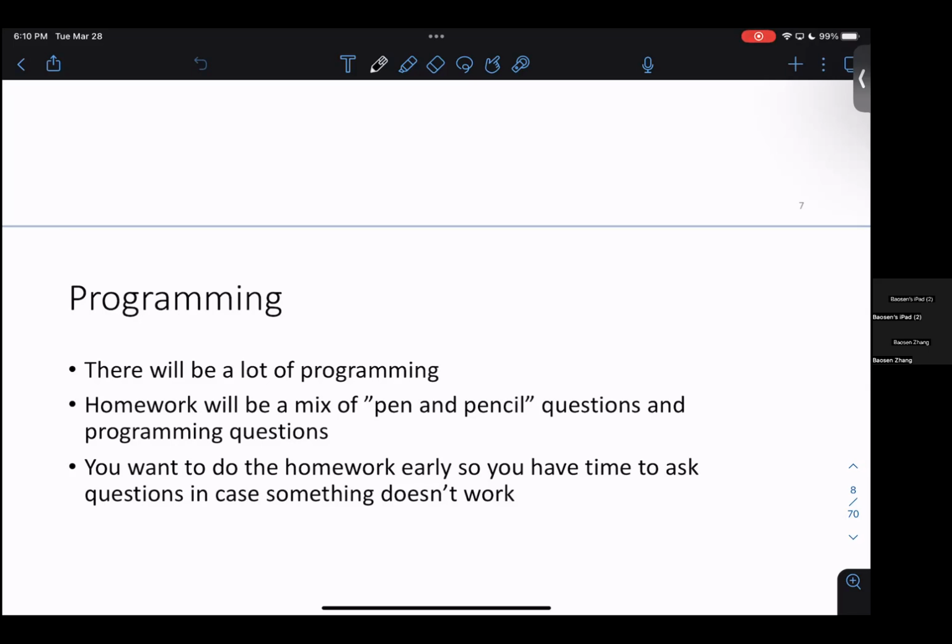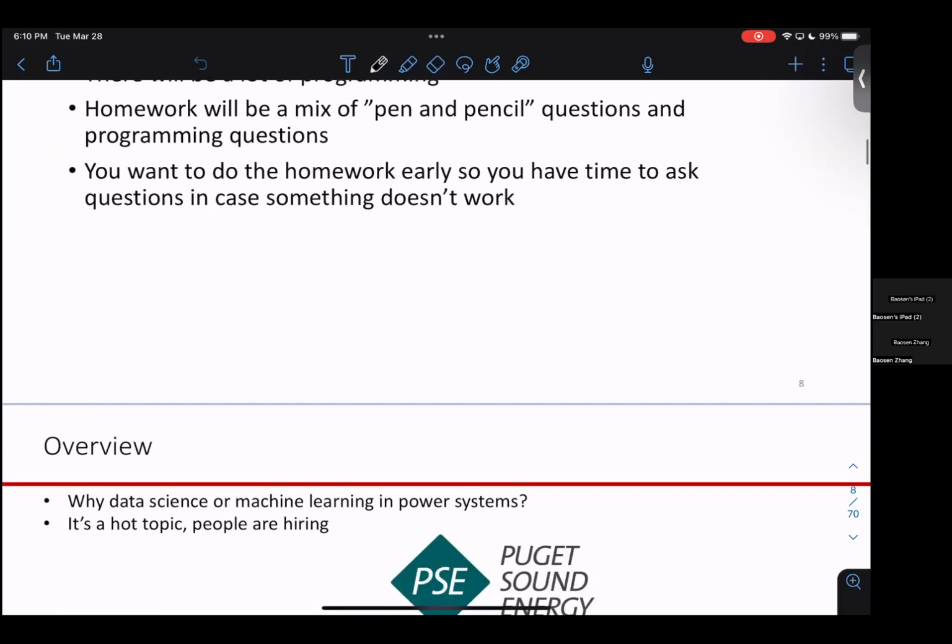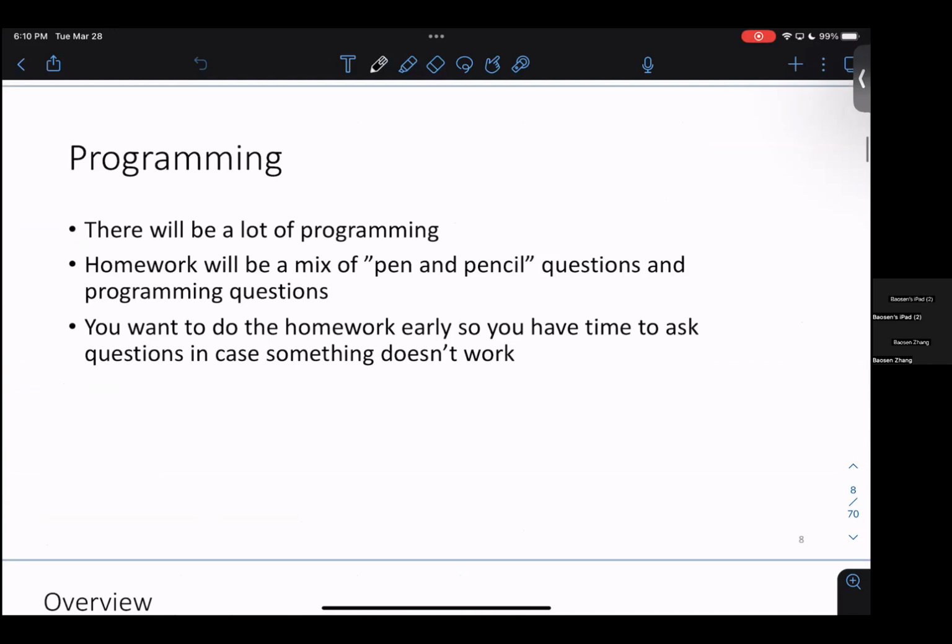So you want to try it early so that I can help you debug. All the homeworks are not terribly difficult to do, but the problem is you wait too long until the end. Then if some packages go wrong, sometimes that takes some time to debug. So try homework early. Any questions about the logistics of the class?